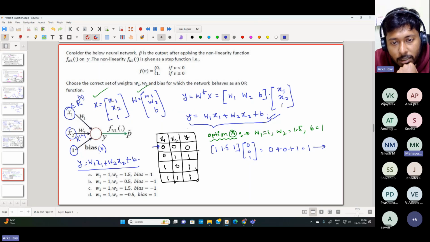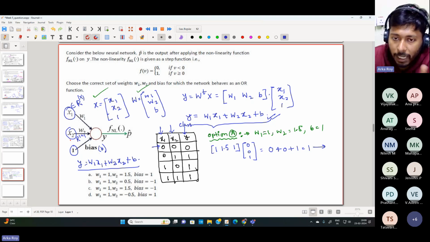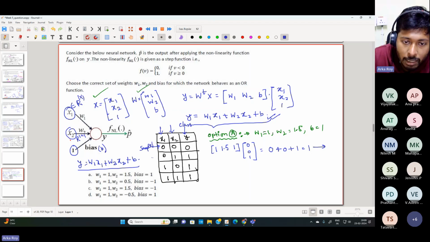What I mean is that this is the class, whether the data belongs to class 0 or class 1, and this is your input vectors. Now consider the input vectors that you have as a batch. In a batch, you have 4 samples: sample 1, sample 2, sample 3, sample 4.